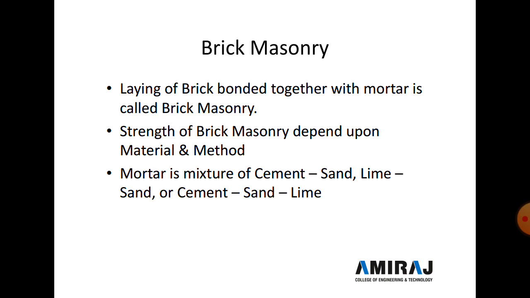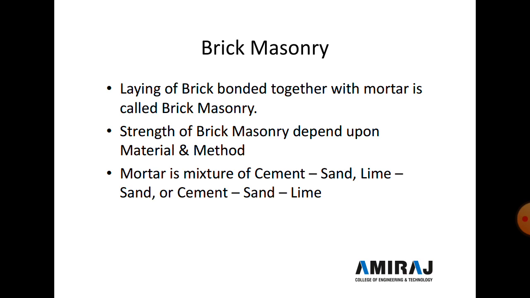Mortar is a mixture of cement and sand, or a second type of mortar is lime and sand, or a third type is cement, sand and lime. By using these types of mortar, we bond the bricks with each other, and this is called brick masonry.